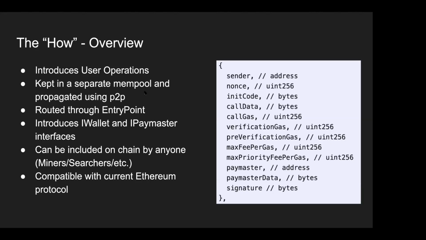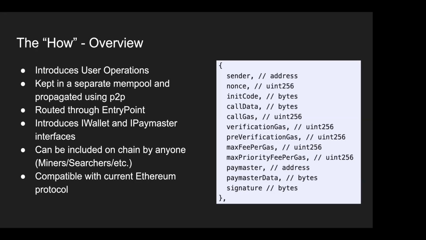Users state their intention with these user operations, sign them, and send them into a separate mempool, distinct from the normal transaction pool. These user operations will then be propagated using P2P, just like normal transactions are.